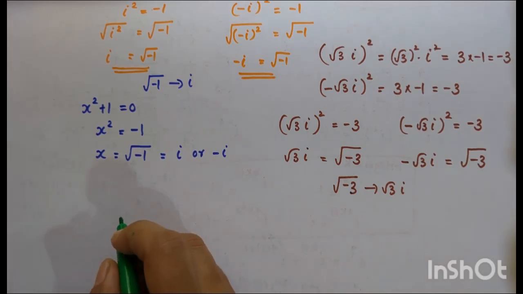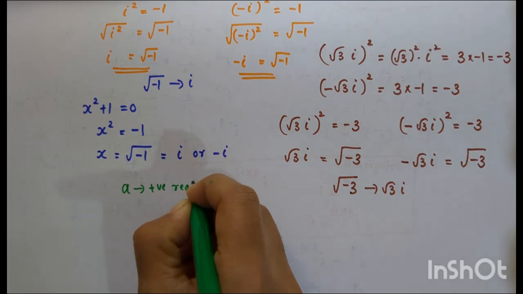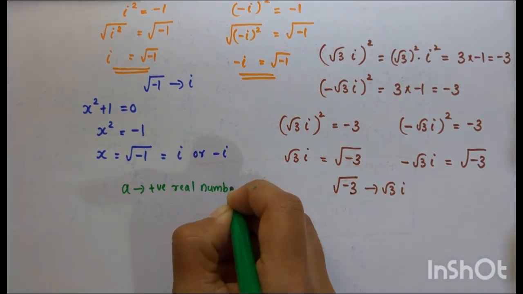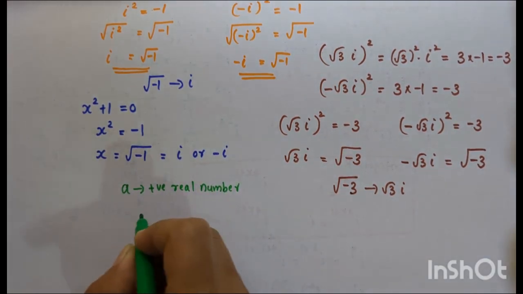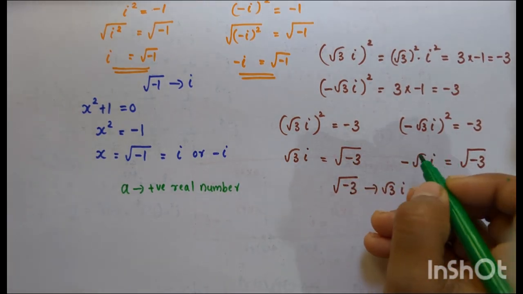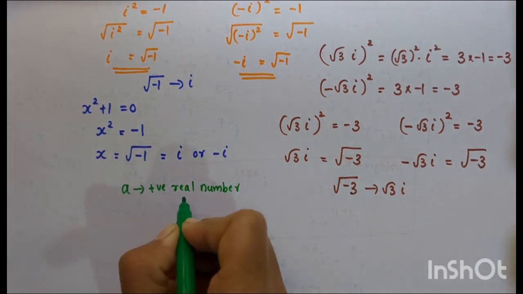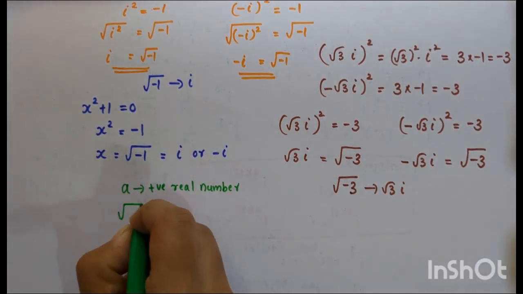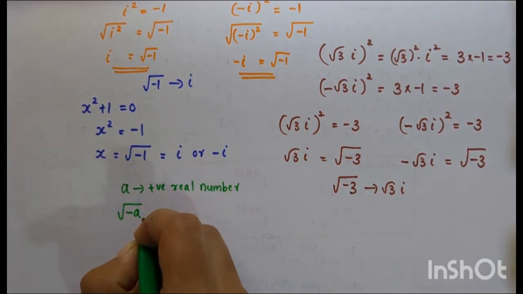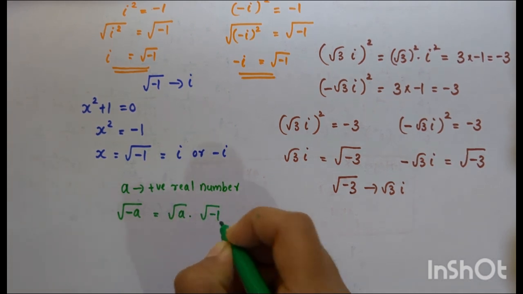In general, if a is a positive real number, just as 3 is a real number, minus 3 is a real number, and minus 1 is a real number, then the square root of minus a will be equal to the square root of a into the square root of minus 1.